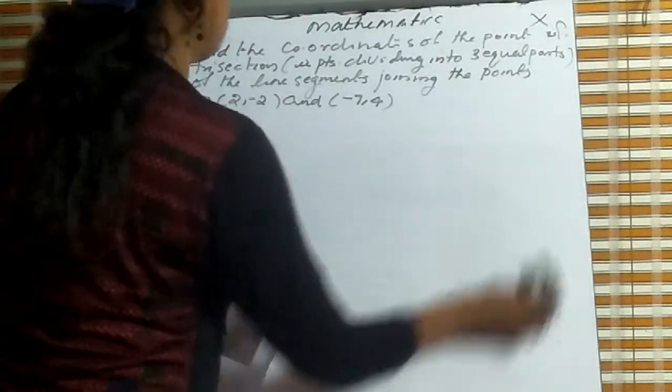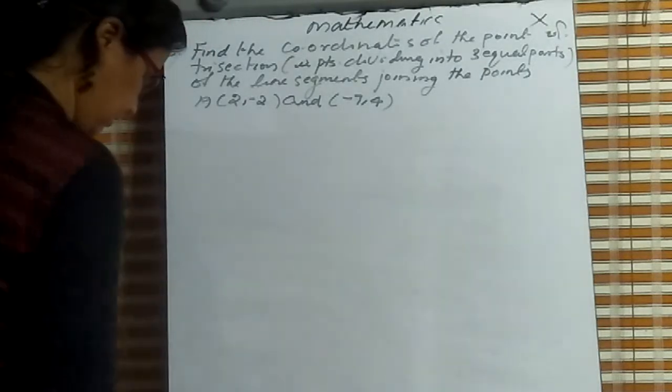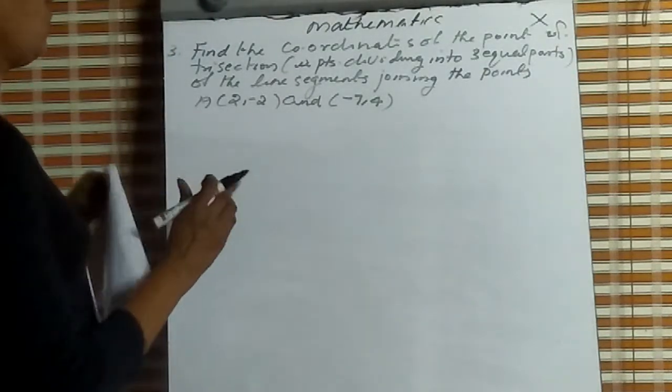Find the coordinates of the points of trisection. That means points which divide the line into 3 equal parts.